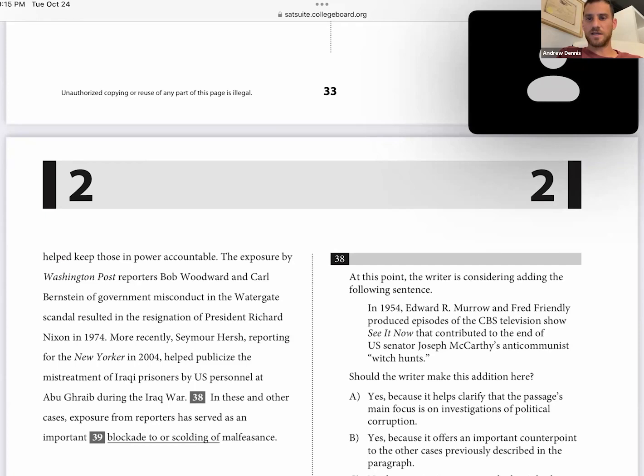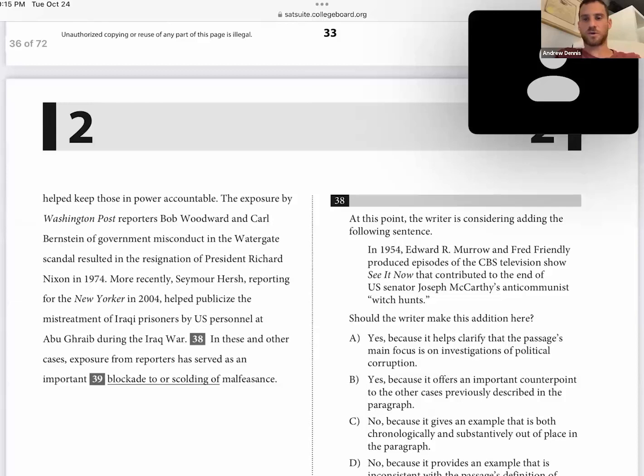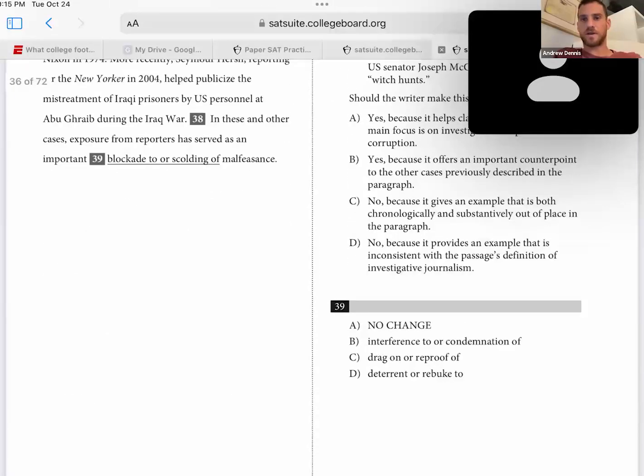More recently, Seymour Hersh, reporting for the New Yorker in 2004, helped publicize the mistreatment of Iraqi prisoners by U.S. personnel at Abu Ghraib during the Iraq War. In these and other cases, exposure from reporters has served as an important deterrent to or rebuke of malfeasance.